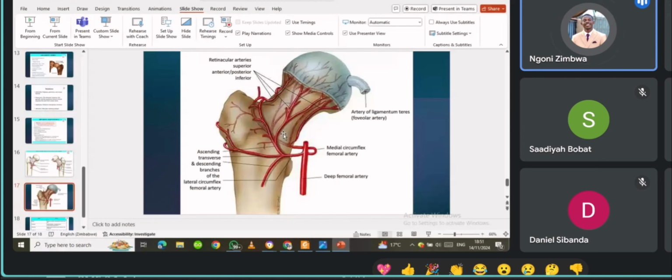This strongest ligament of the body is going to make it difficult for the ascending branch of the lateral circumflex artery to penetrate and send branches to the head of the femur. Therefore the medial circumflex femoral artery will send more branches than the lateral. Are we together? I hope I'm not rushing much.